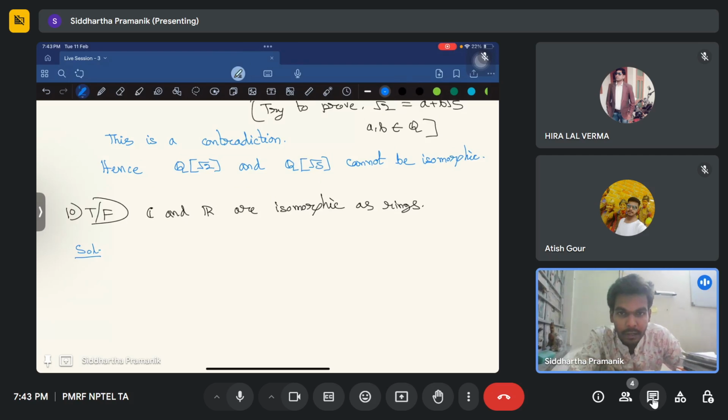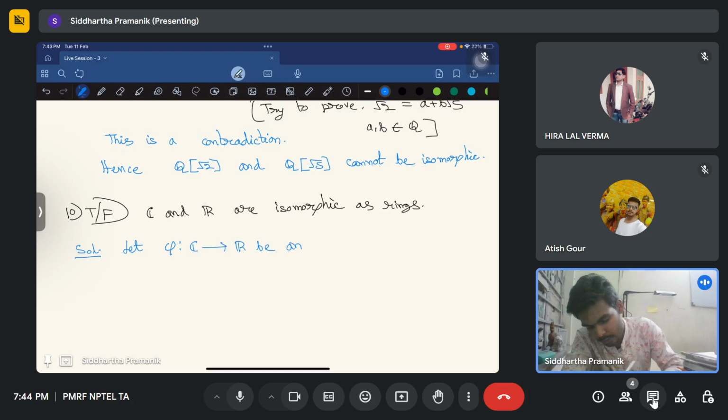So, why can't they be isomorphic? Okay, so let phi from C to R be a ring isomorphism.